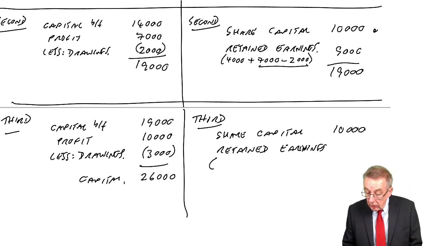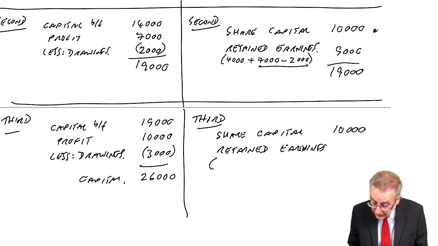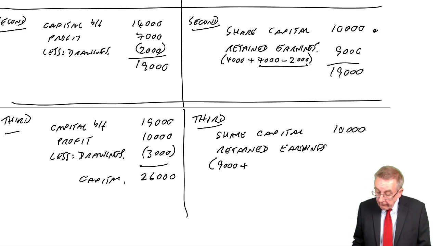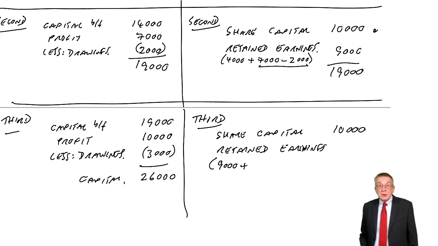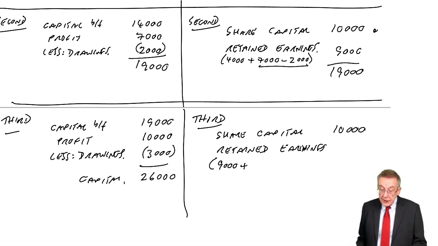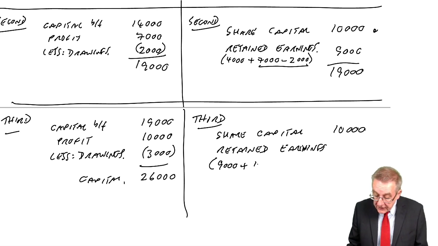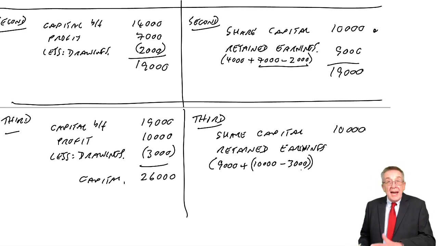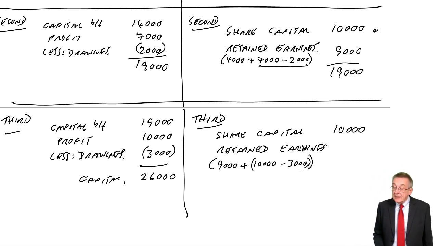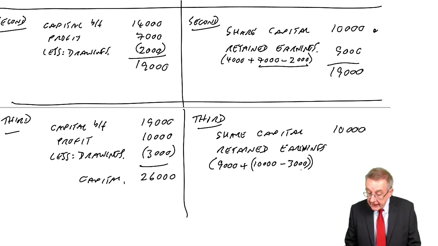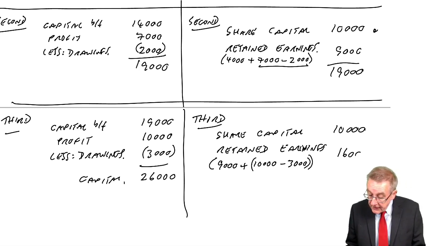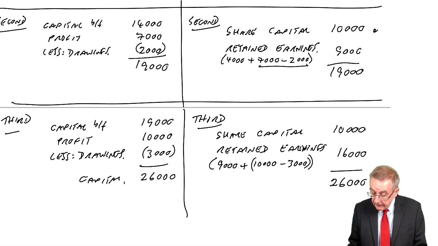It was already 9,000. How much extra was retained in the third year? Well, the profit was 10,000. The dividends were 3,000. So an extra 7,000 retained. The total retained, therefore, is now 16,000. The total, 26,000.